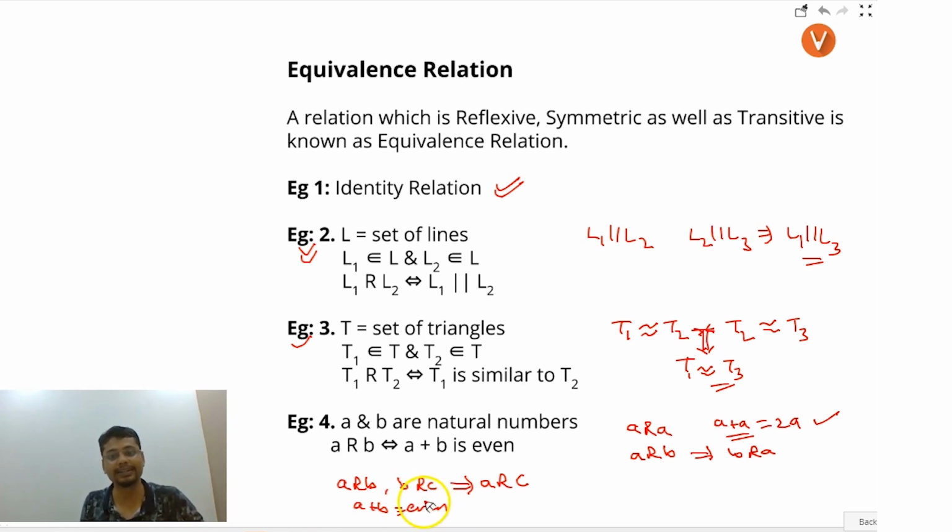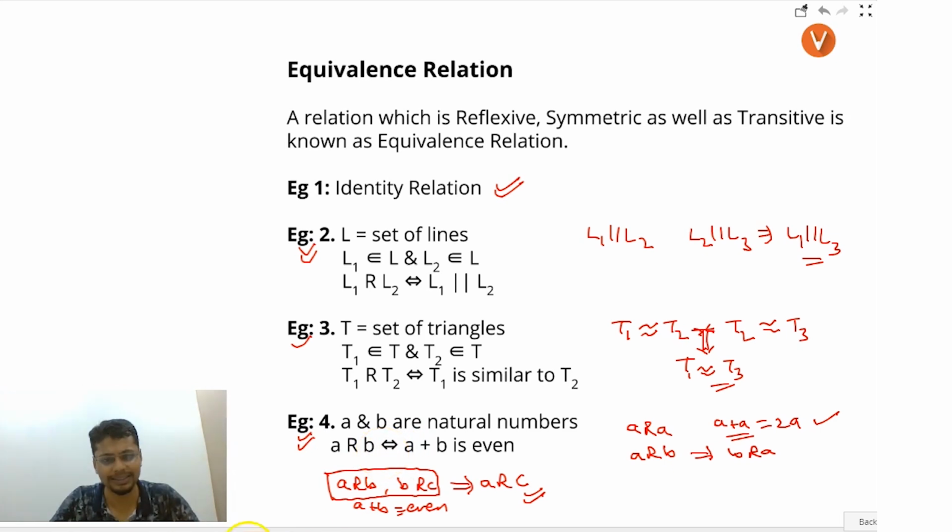Same with B related to C. Either B and C both should be odd or B and C both should be even. So in any case, if A is related to B and B is related to C, A, B, C are all odd or A, B, C are all even. So that would imply that A is related to C also. Because if A and C both are odd, then A plus C will be even. And if A and C both are even, then A plus C is even again. So it is transitive also. So that means this relation is indeed an equivalence relation.